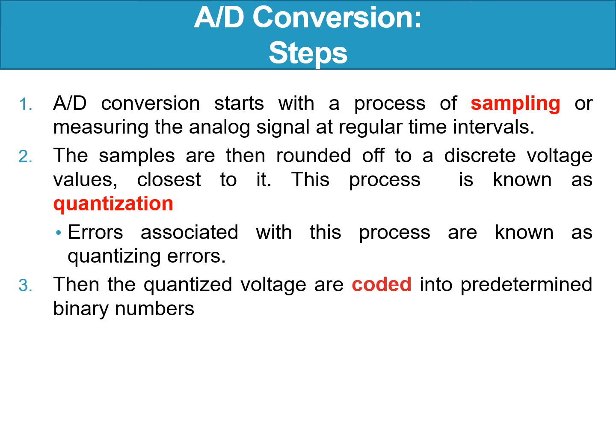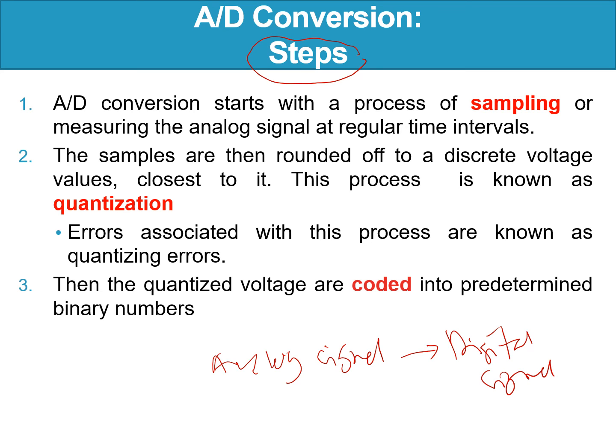So next, ADC conversion. Here are the steps to convert from an analog signal to a digital signal. First we have sampling, or measuring the analog signal at regular time intervals.